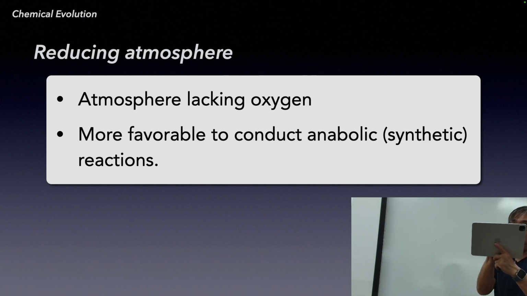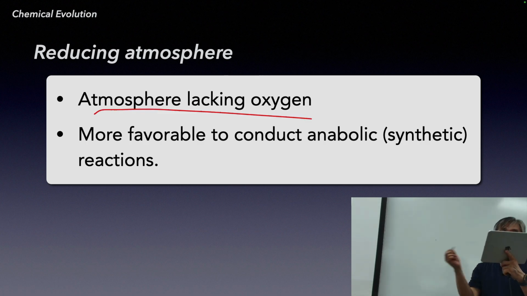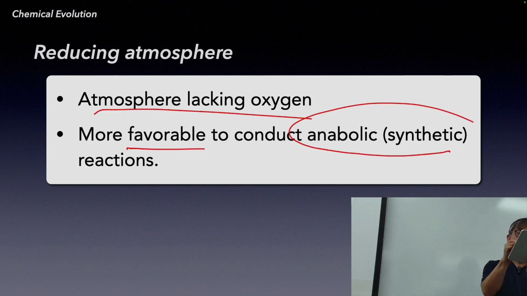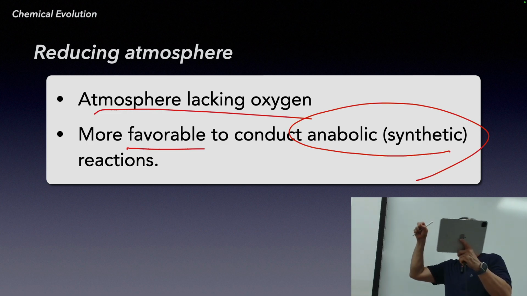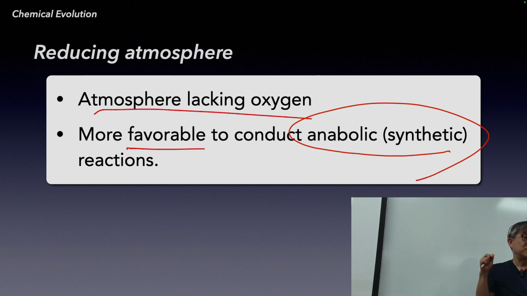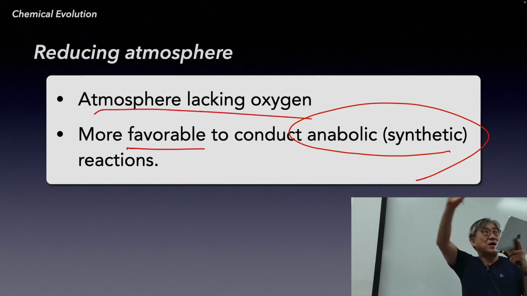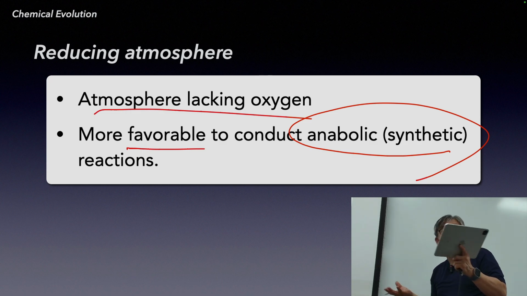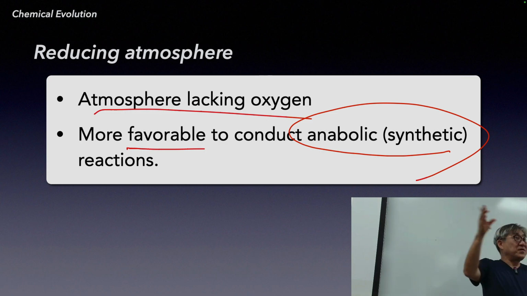So a reducing atmosphere by definition is more favorable for conducting non-spontaneous, in other words anabolic, reactions. In these days where oxygen is everywhere, it would have been much more difficult. So that's the reason why you don't get to see a second or third event of spontaneous cell generation. I don't believe it. But anyway, that's what they say.